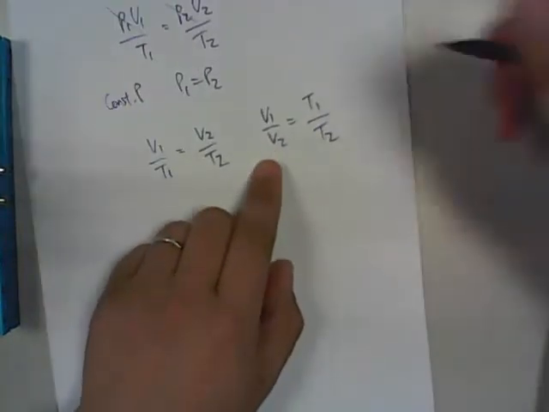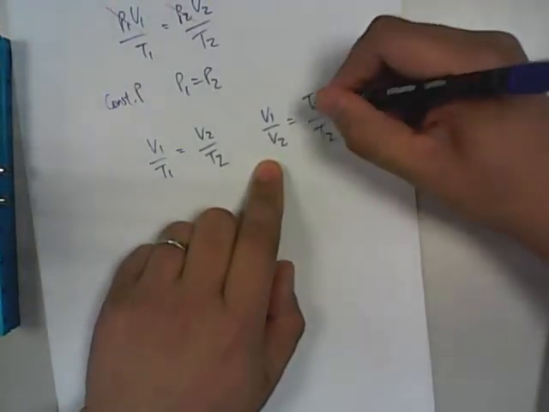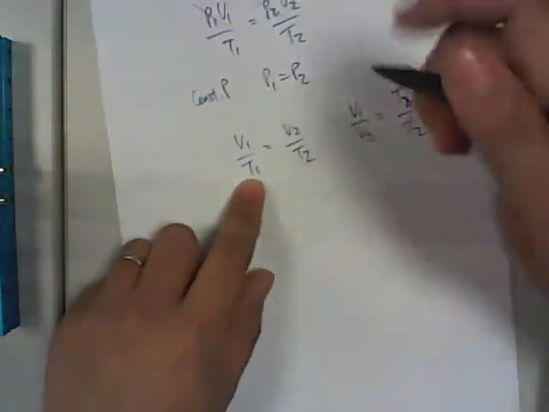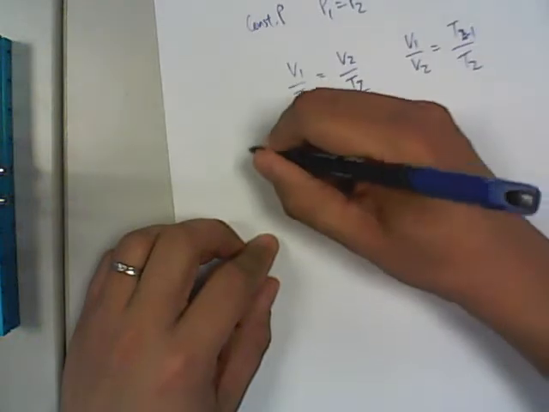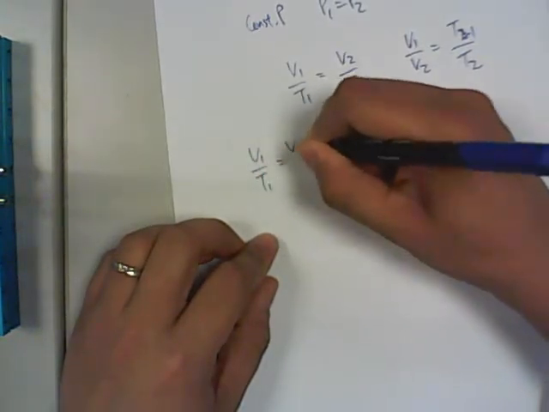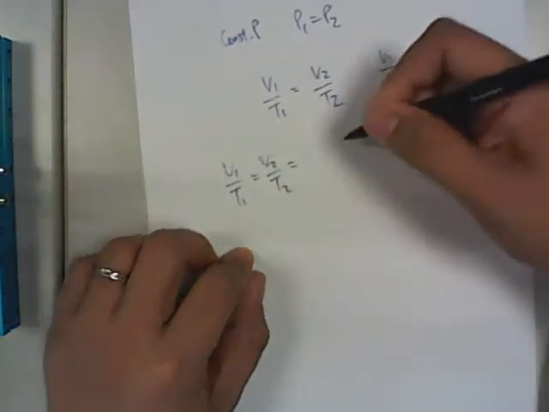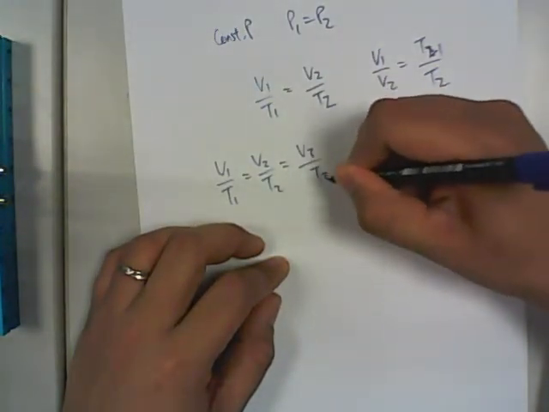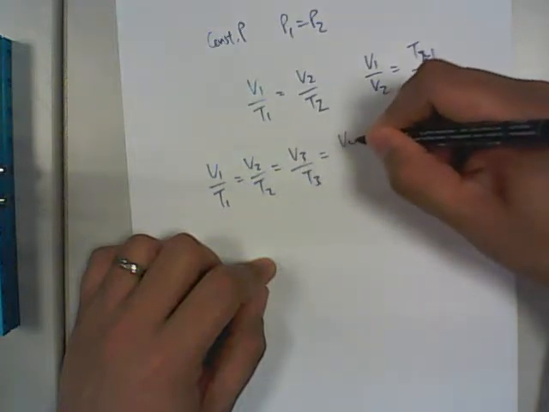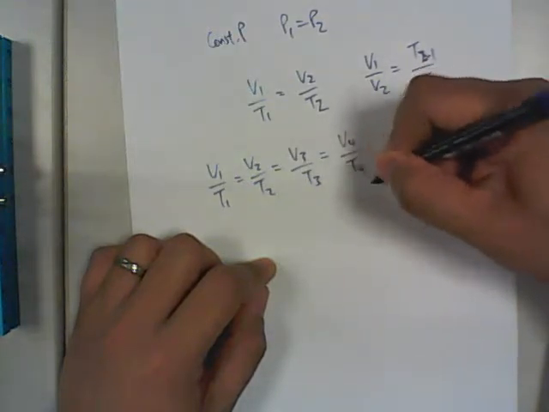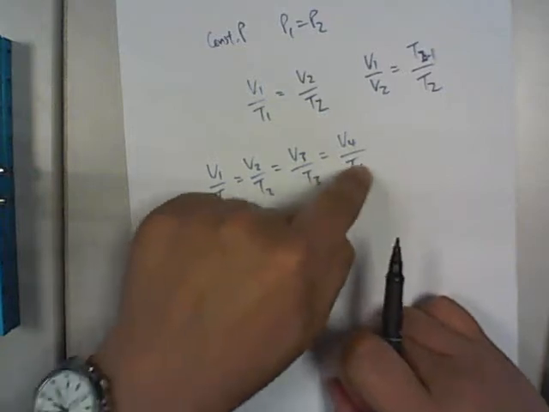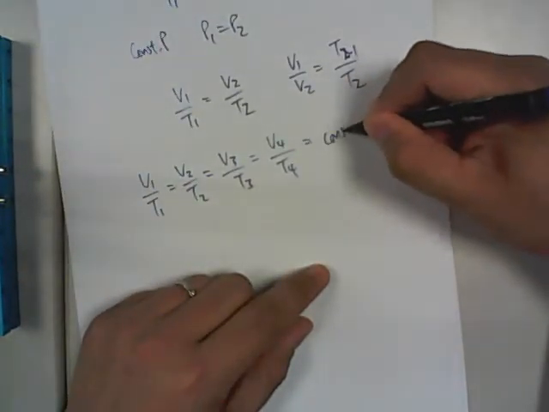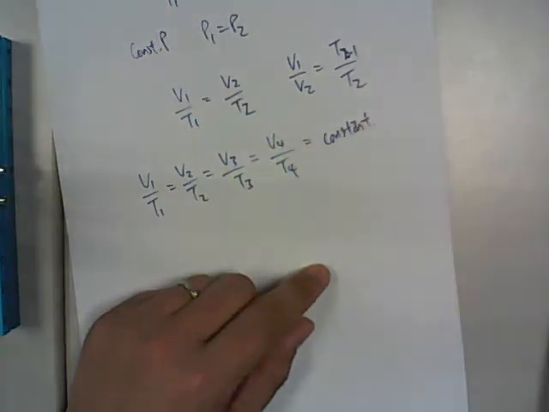This should be 2. Sorry. The relationship with this one, I can also write as V1 over T1 equals V2 over T2. As long as the process is constant pressure, you can just keep on making the same expression like this, which means that these will always be the same, meaning it will always be constant.